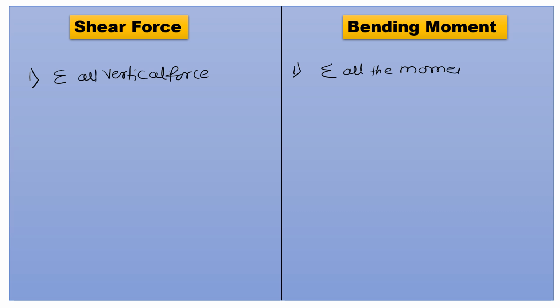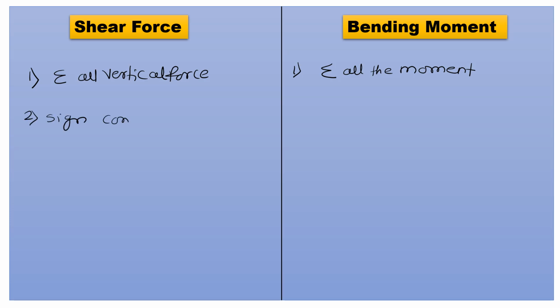Summation means addition. Addition of all vertical forces is shear force, and addition of all moments on a particular beam due to the vertical forces, horizontal forces and the moment, all the addition of these moments is nothing but the bending moment.